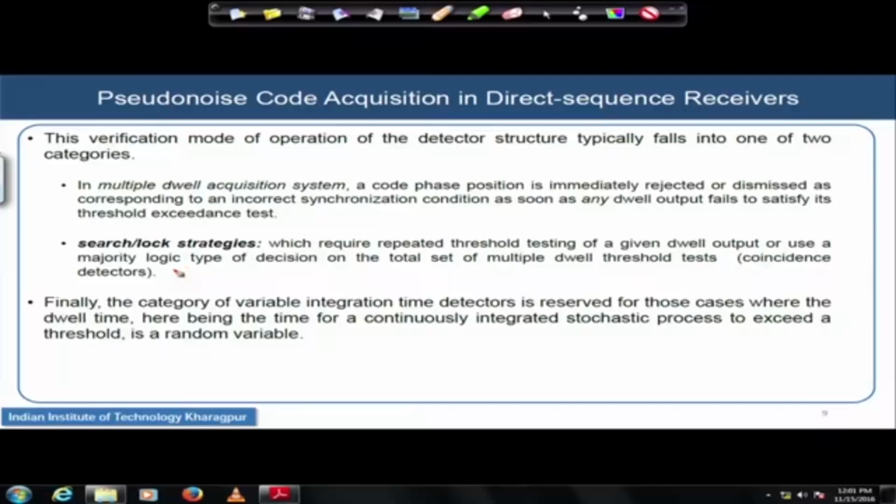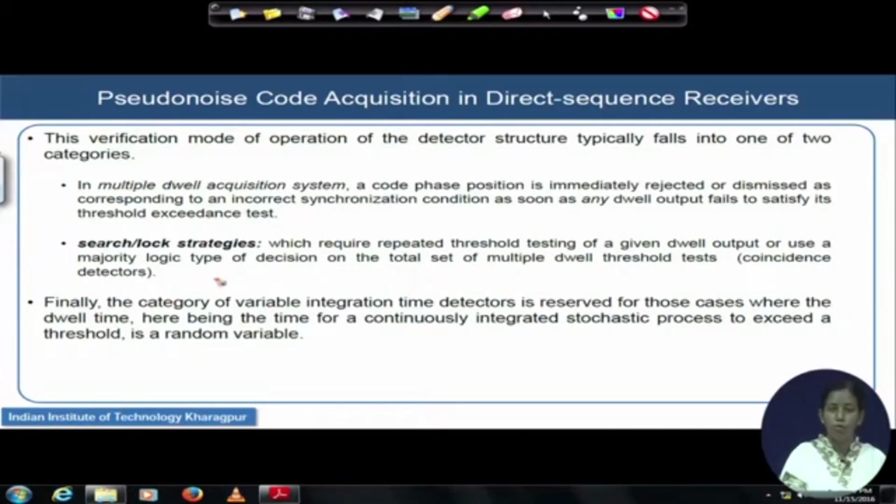So it depends on the criteria you set, how fine you need to be in achieving synchronization. Are you designing a system which requires 100% or 99.99% code acquisition, where that much perfection is required, or a system where synchronization of around 90 to 92% is okay to go ahead with? So 90 to 92% can be achieved by the search and lock strategy.